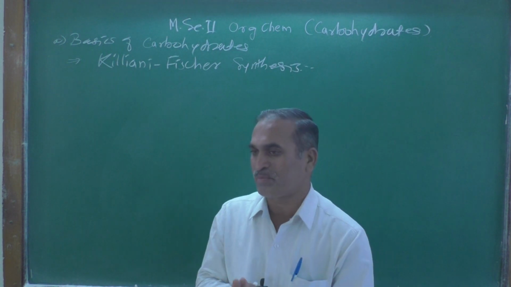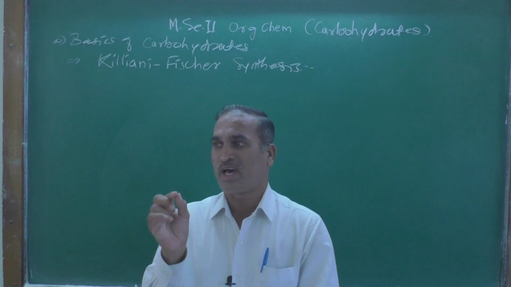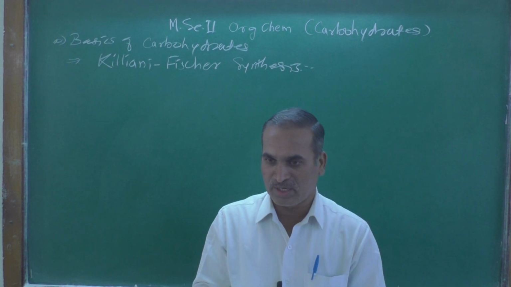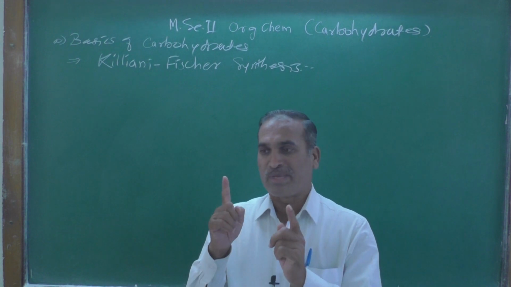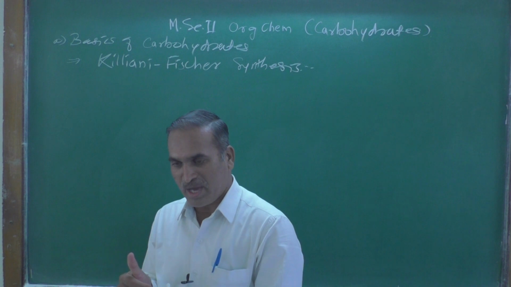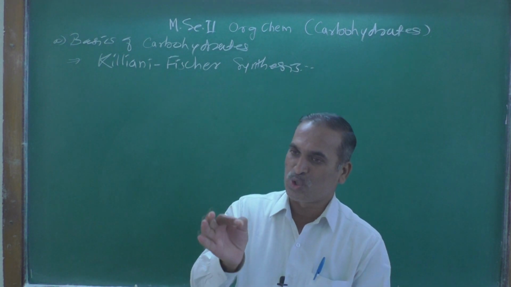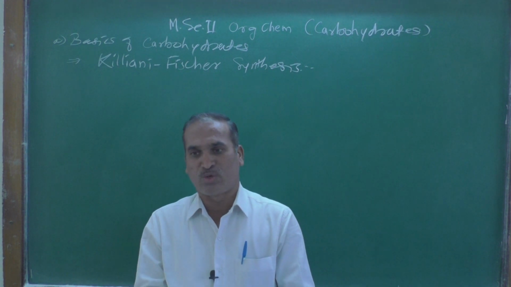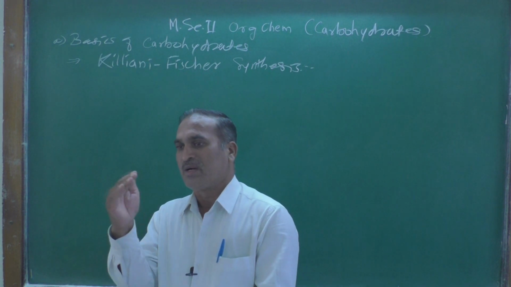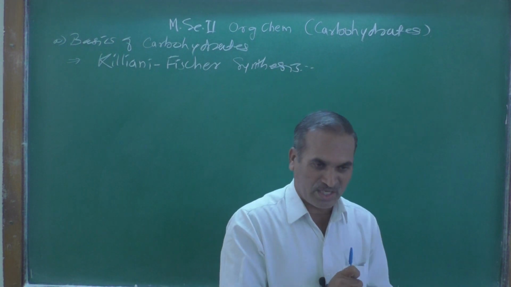The name of that product is a gamma lactone. Gamma lactone means an ester group in a cyclic form is known as a lactone. Once you get that lactone, it is specifically reduced with a suitable reducing reagent.